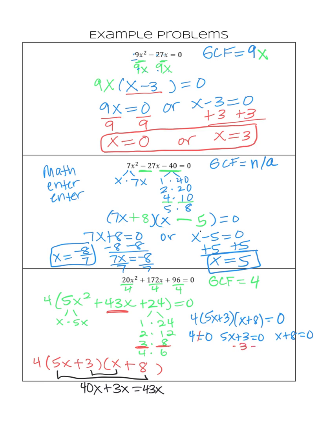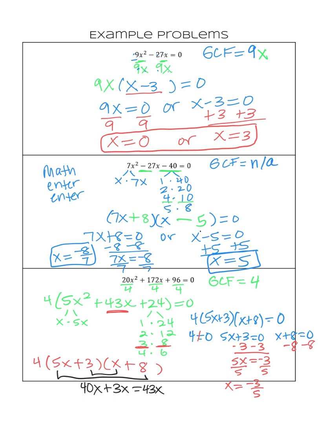Looking at the second equation, 5x plus 3 is equal to 0, we can solve that. I'm going to start by subtracting 3 from each side. So I get 5x equals negative 3. I'm then going to divide by 5. And 5 doesn't go into negative 3 evenly, so I am going to leave my answer as the fraction negative 3/5. In my third equation, x plus 8 equals 0.